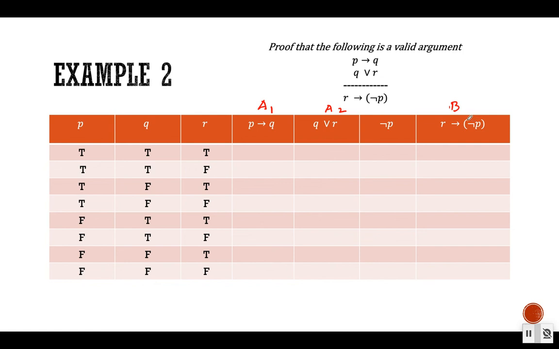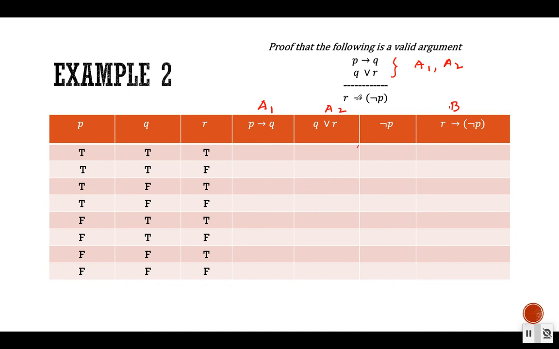I want to ask you to work with that truth table and try to find all the cases where all our hypotheses A1 and A2 are true. Whenever your hypotheses A1 and A2 are true, look at whether your conclusion is also true.